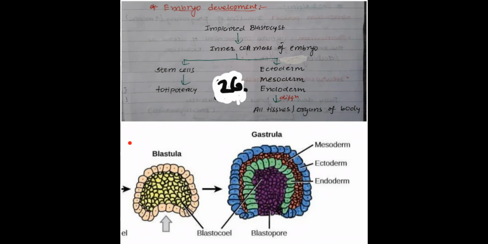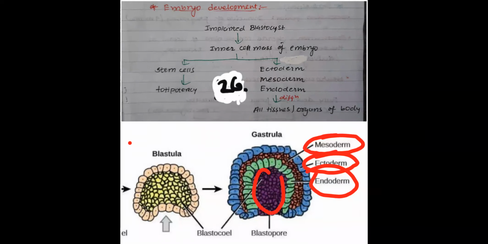The outermost layer of the body of the embryo is called ectoderm. The middle layer is known as mesoderm, and the innermost layer is known as endoderm. So our inner cell mass develops into a triploblastic embryo which possesses ectoderm, mesoderm, and endoderm.